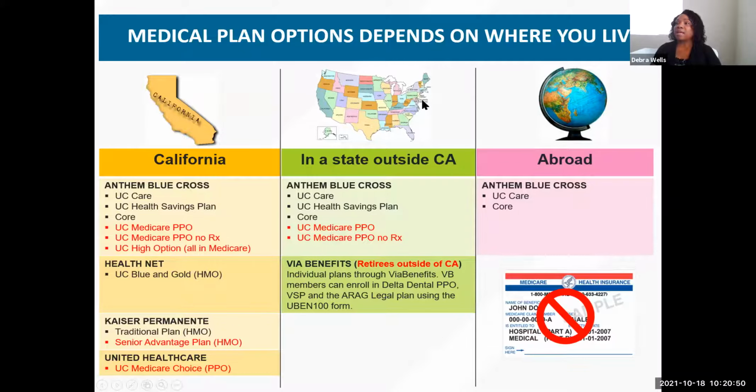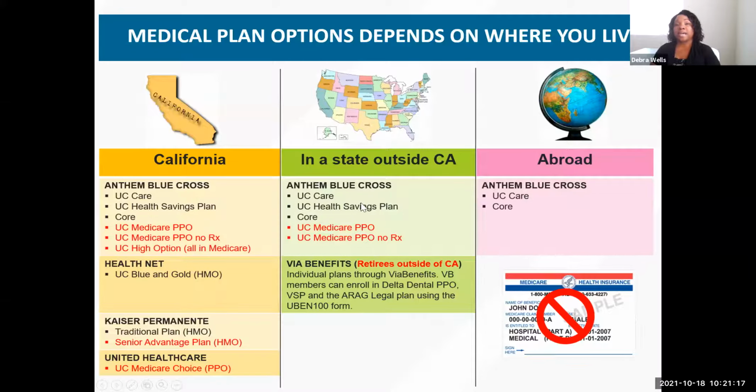Now, if you're living out of state and you're aging into Medicare, you will have the PPO plans. You'll see that the HMO plans go away. Our HMO plans are only in the state of California, along with United Healthcare UC Medicare Choice. These are only available to retirees living in the state of California. So you would choose one of our PPO plans.